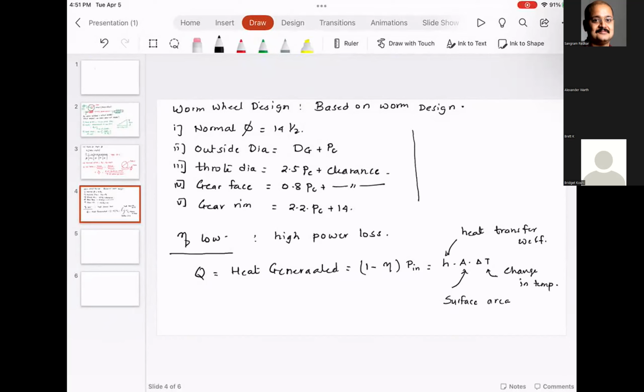So think about this like you are designing a power screw and you are designing a gear. So basically, worm design is similar to the power screw, and worm wheel design is similar to the gear.